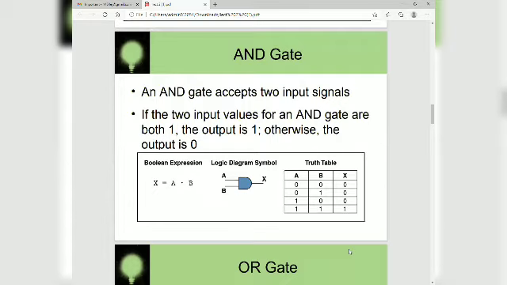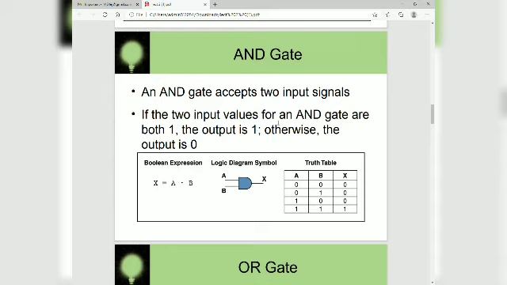It is denoted by a dot between the 2 variables to be multiplied. That is, this is nothing but the Boolean expression of the AND gate: X equals A into B, that is multiplication. However, sometimes this dot is not used and we denote the logical multiplication of A and B as AB.